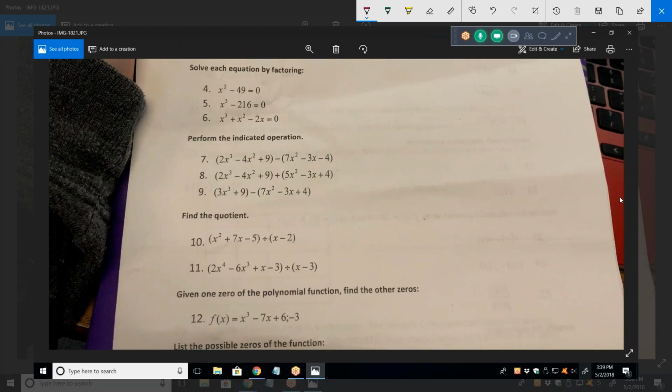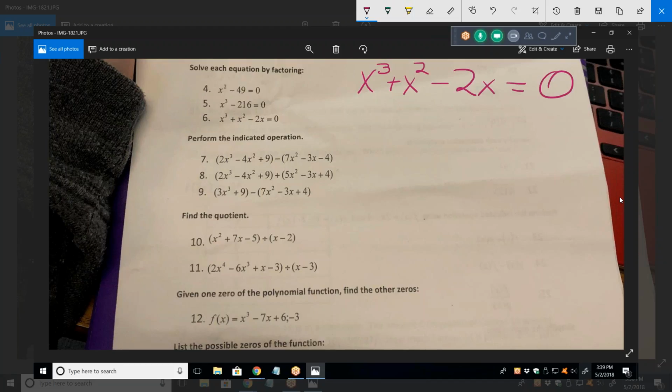All right, let's look at number 6. First thing you look for is what? The greatest common factor. Is there one here? No. How about variables? There's a variable greatest common factor.